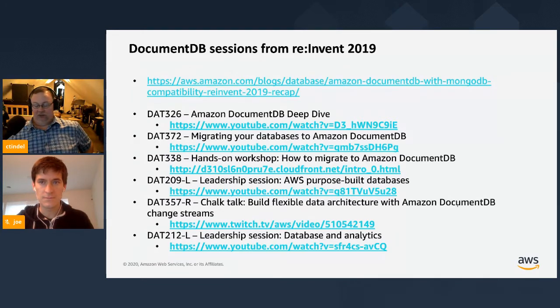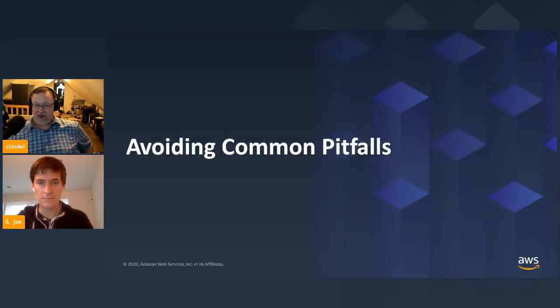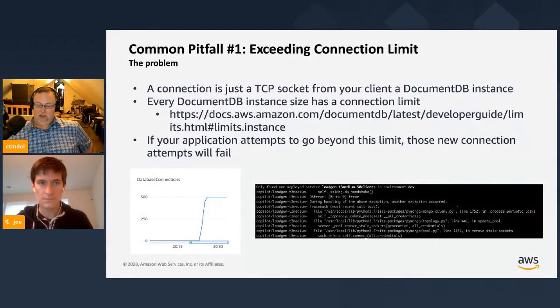The point of this show is really to dive in and get some behind the scenes looks at what customers are doing, problems that they're hitting, pitfalls that they're commonly running into, and see how we can avoid them. So I spoke with our DocumentDB support lead earlier this week and asked him what the most common support ticket question is from our customers.